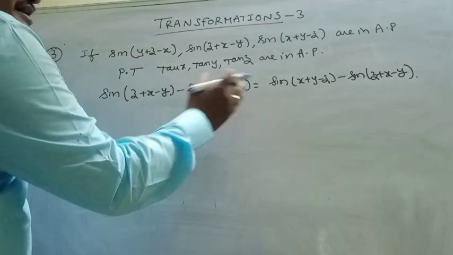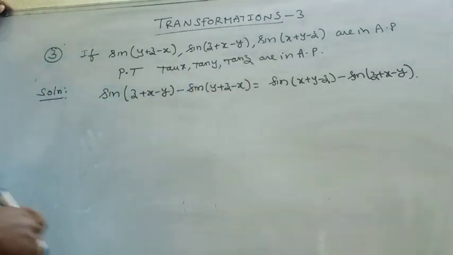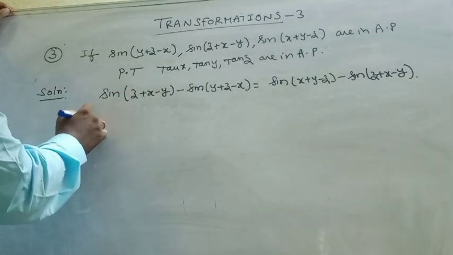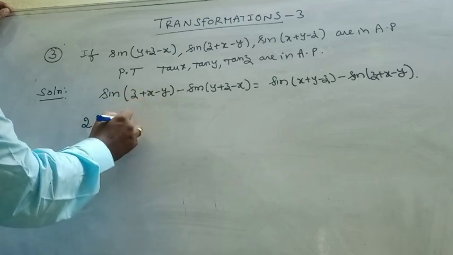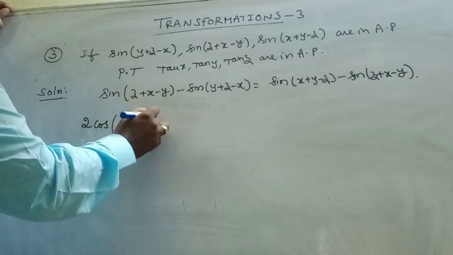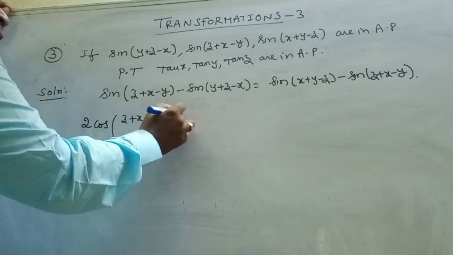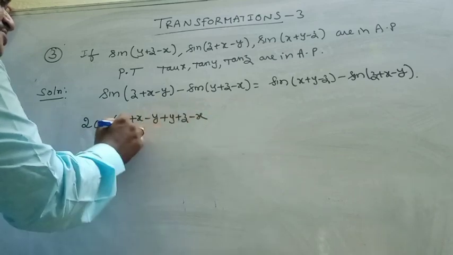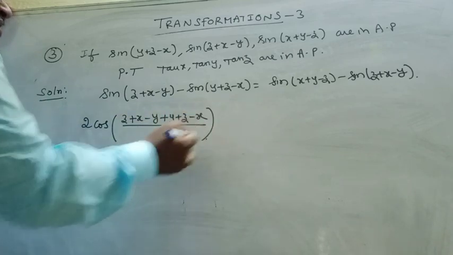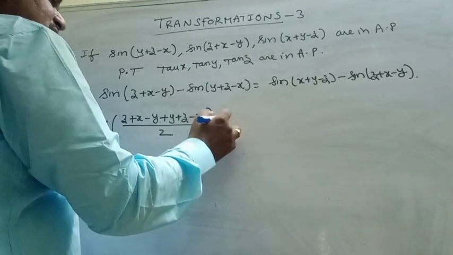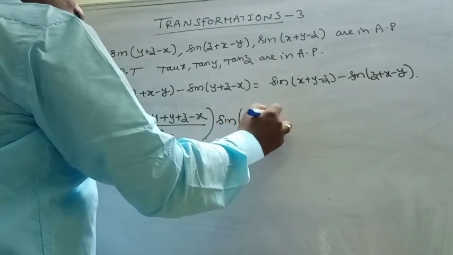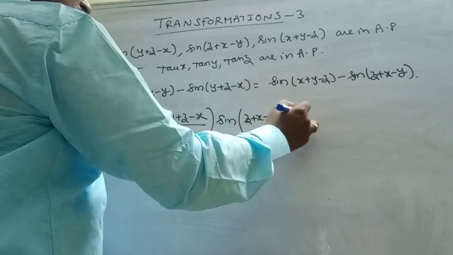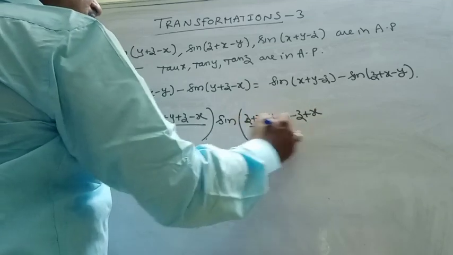Now, if you apply the sin C minus sin D formula here, that is nothing but 2 cos of (C plus D) by 2 into sin of (C minus D) by 2. So 2 cos of [(z plus x minus y) plus (y plus z minus x)] by 2, into sin of [(z plus x minus y) minus (y plus z minus x)] by 2.